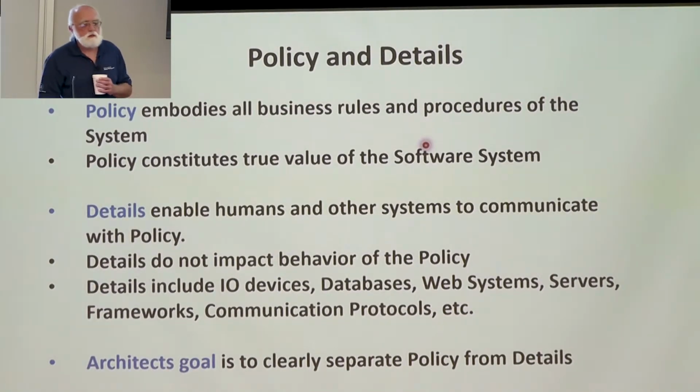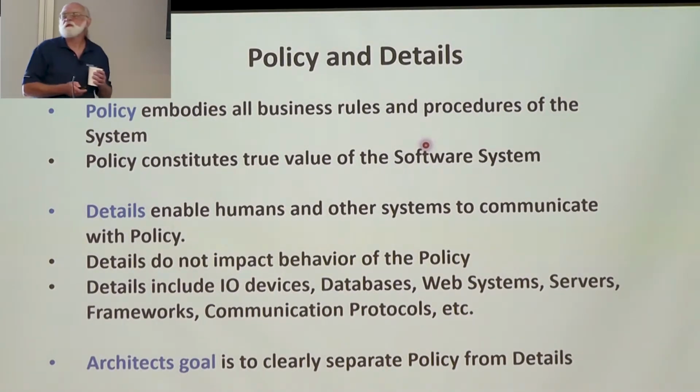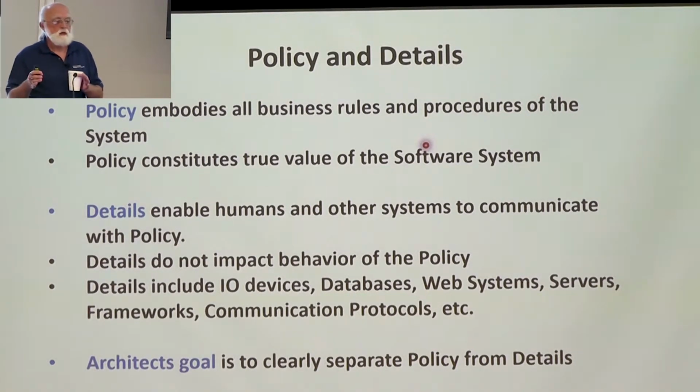Policy and detail, these are important topics. Policy embodies all business rules and procedures of the system. And policy constitutes the true value of the system. And details allow humans and the surrounding world to communicate with the policy. That's their sole purpose. The business logic is in the policy, and the rest is unimportant.